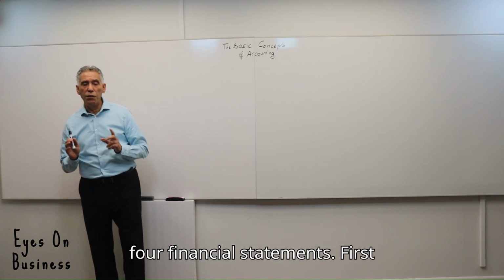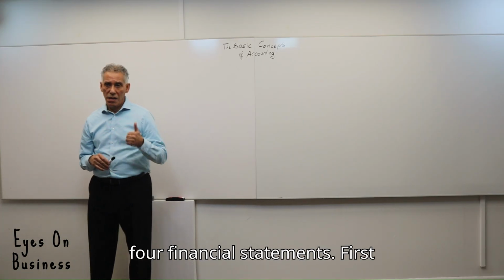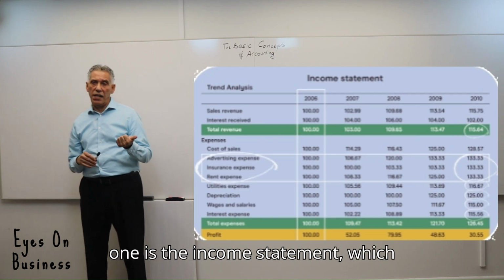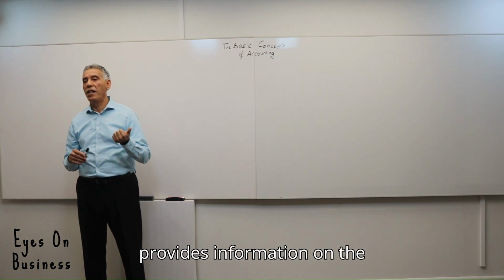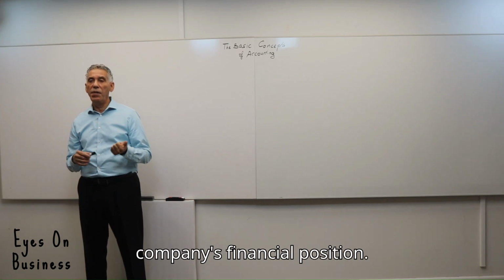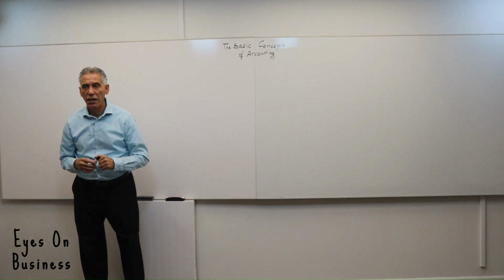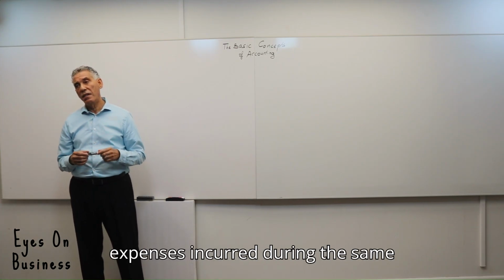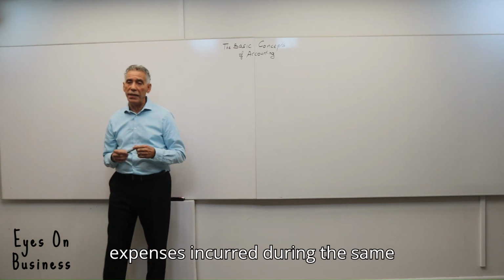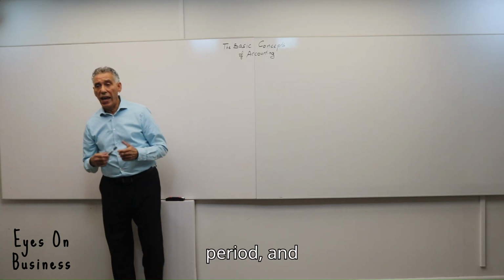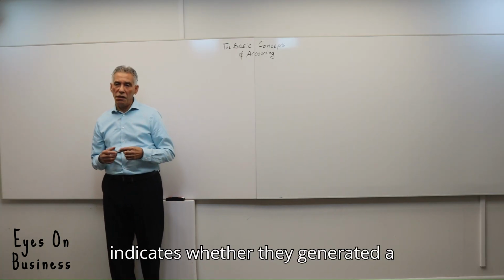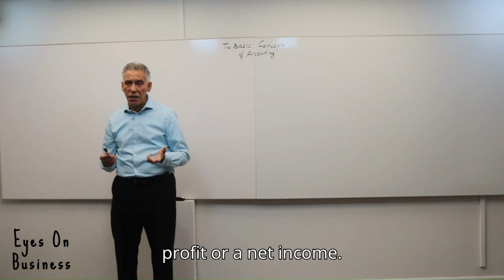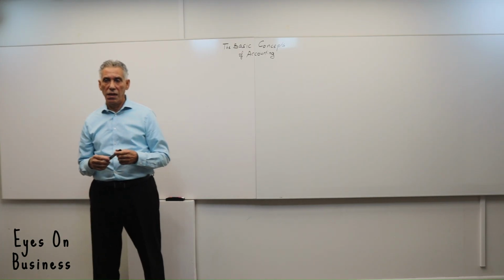Okay? Then we are going to highlight the importance of the information presented in the reports we call financial statements. There are 4 financial statements. The first one is the income statement, which provides information on the company's financial position. Is it accurate? It lists all expenses incurred during the same period and indicates whether they generated a profit or a net income.